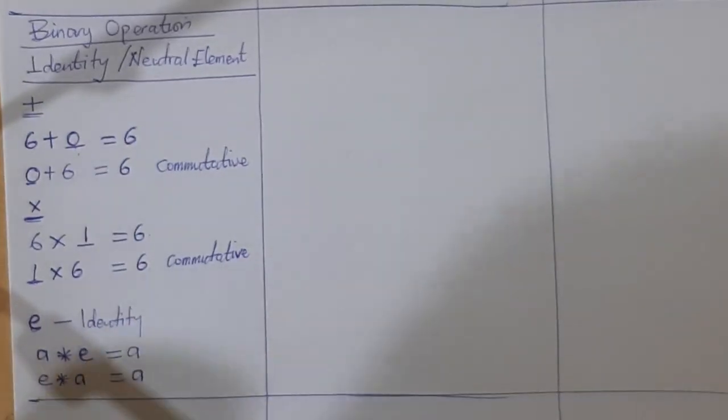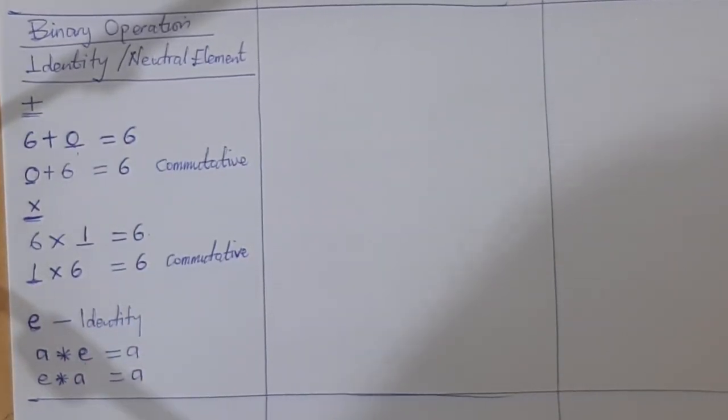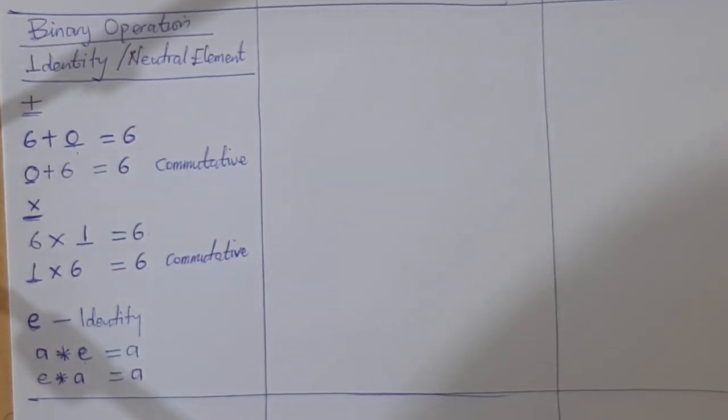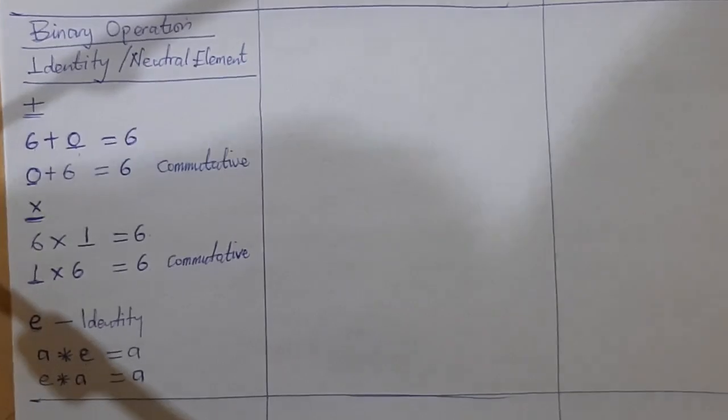Anytime you operate on the identity element, you get the other element. Or E star A is equal to A. So it is only when an operation is commutative that we could have an identity element.